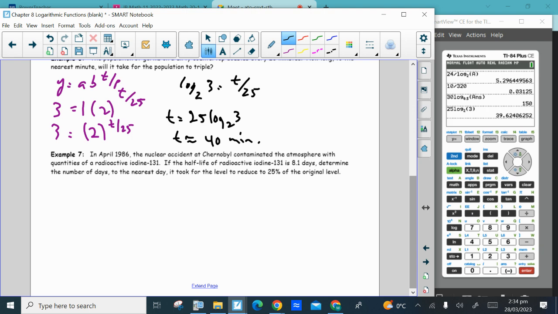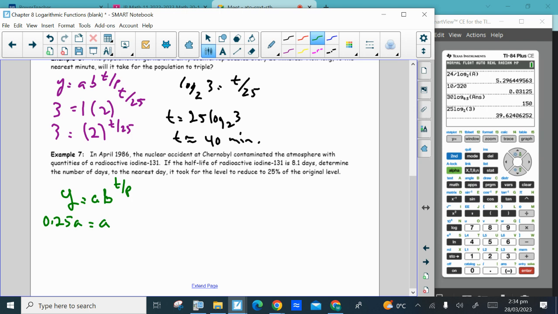Okay, so the half-life is 8.1 days. Determine the number of days to the nearest day that it took for the level to reduce to 25% of the original level. So again, we'll use that formula. In this case, the amount at the end will be 25%, or 0.25, times what we started with.